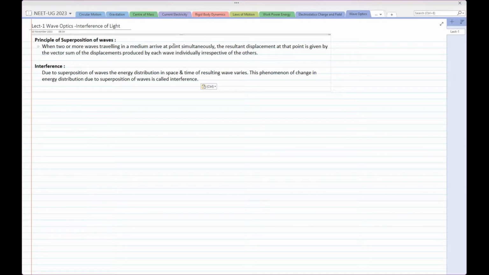Now we have already studied these definitions, but again, in case of light, what will happen? According to the wave theory of light, light propagates in the form of waves, right?